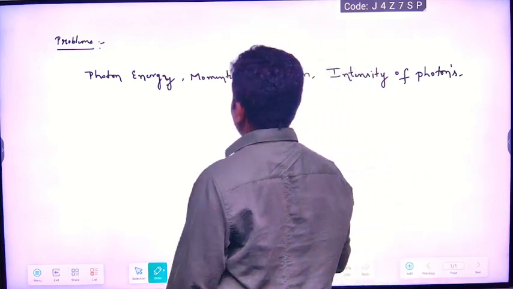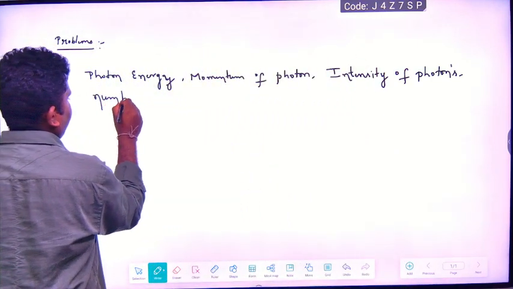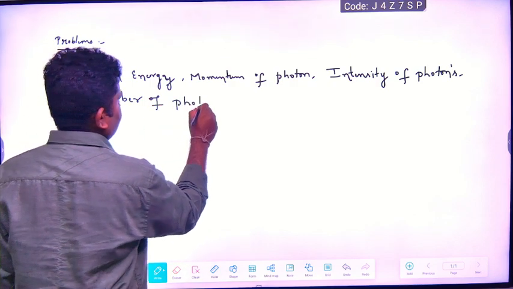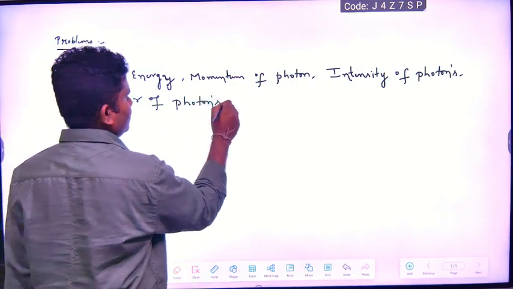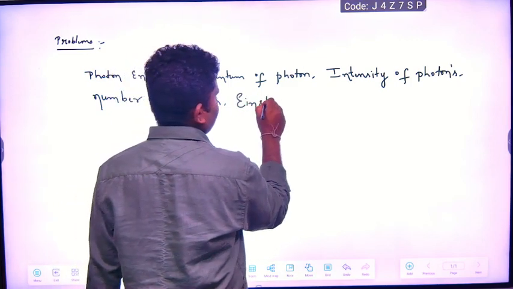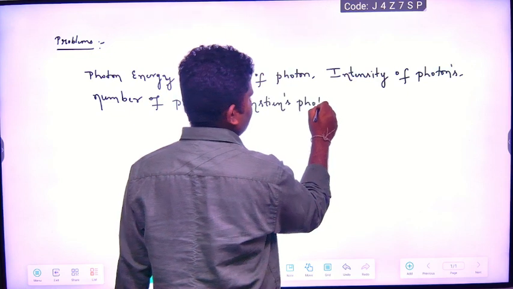Next, number of photons. Then Einstein's photoelectric equation.